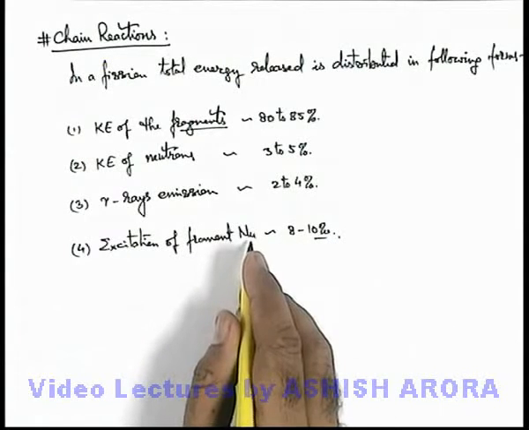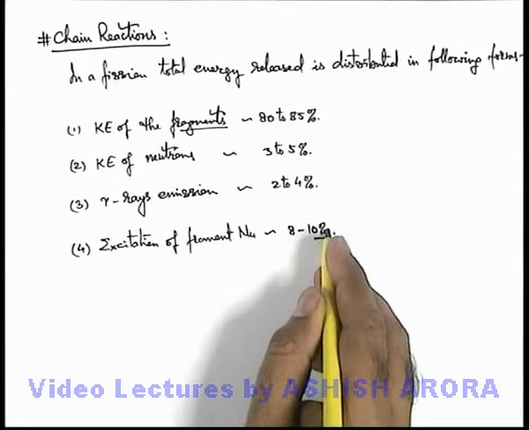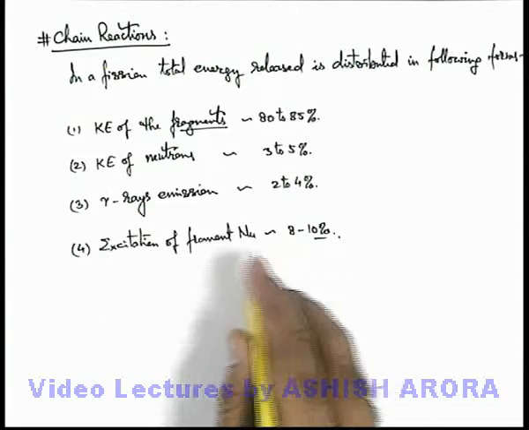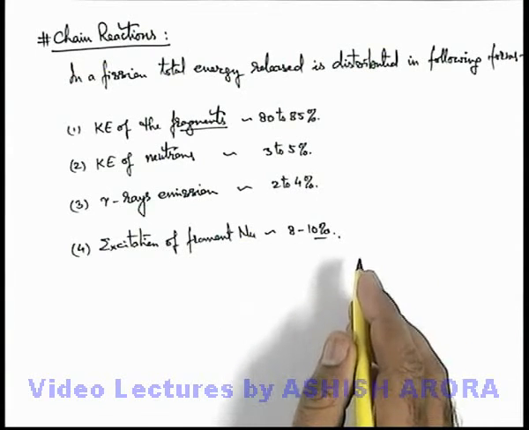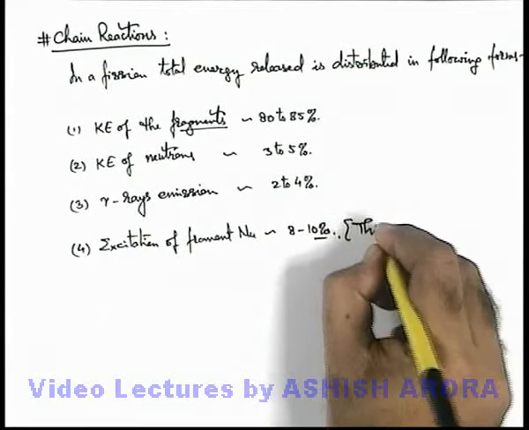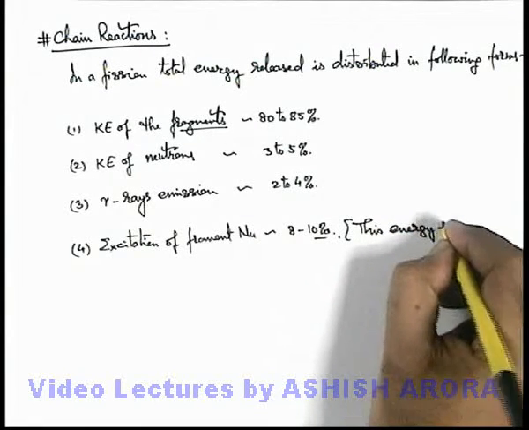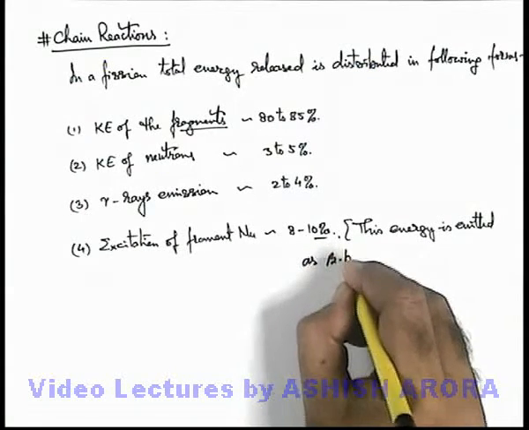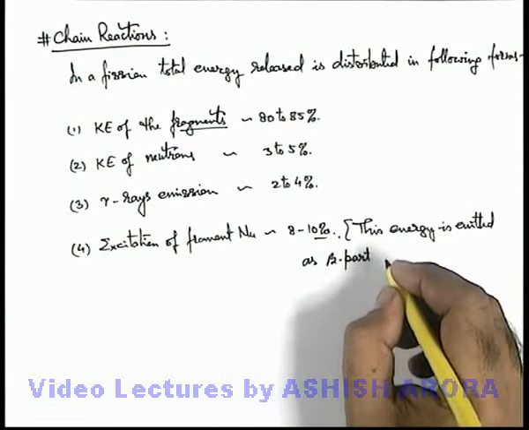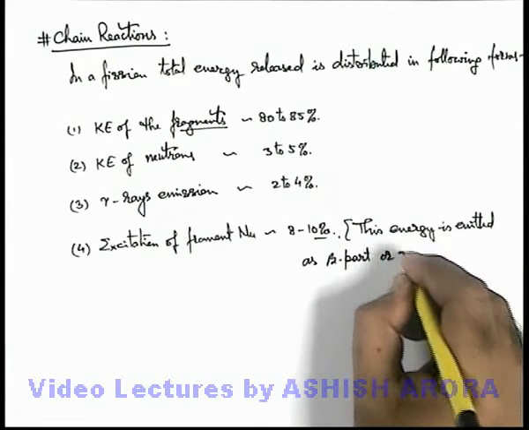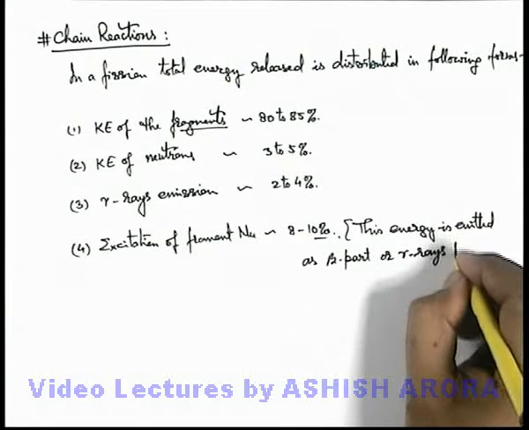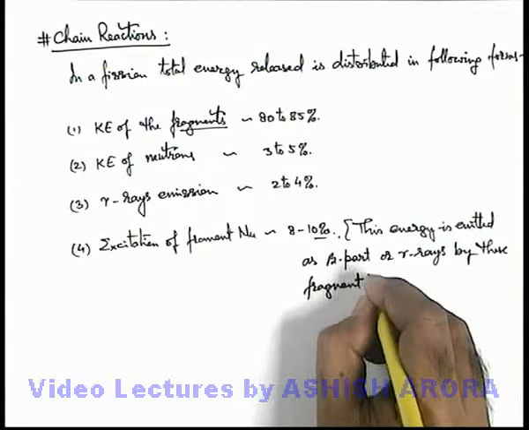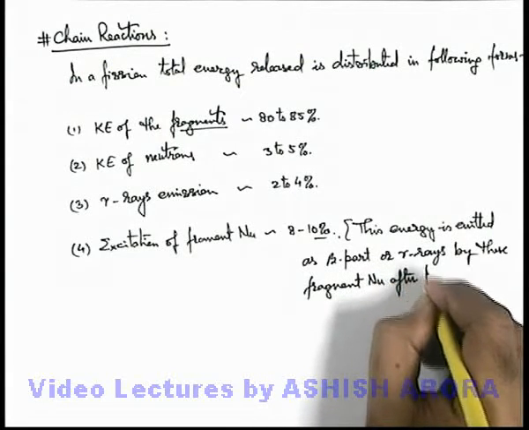And these excited nuclei contain very small energy, approximately 8 to 10% of the total energy. These further do not disintegrate into various nuclei, but we can write here this energy is emitted as beta particles, which we'll study in later sections of this topic, or gamma rays by these fragment nuclei after fission.